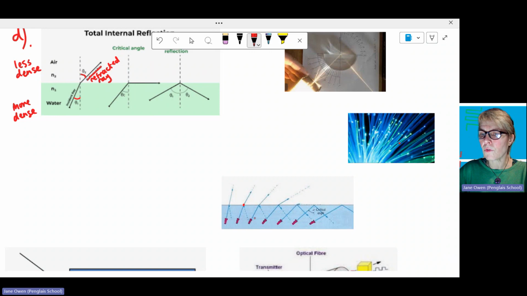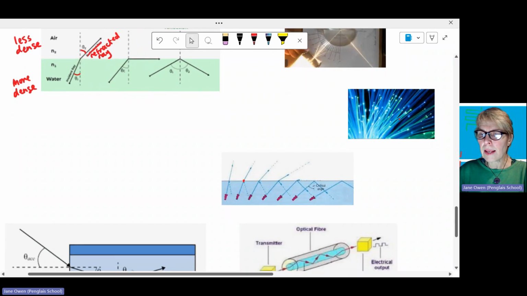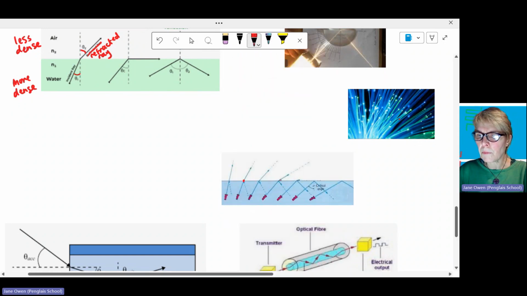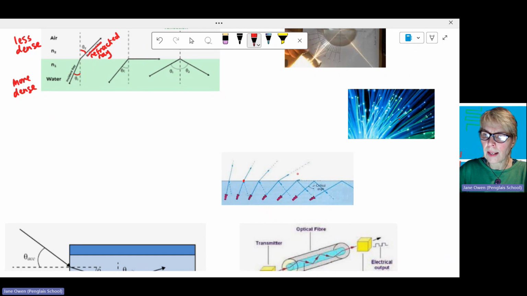I move the torch a bit further around, it's still going to bend away from the normal. And then we get to a certain point where if I rotate that torch around any more, the light has got nowhere to expand and bend away from the normal. And this is the situation here. I'll put a little arrow here. So I've bent it as far as possible so that the light just comes out along the surface.